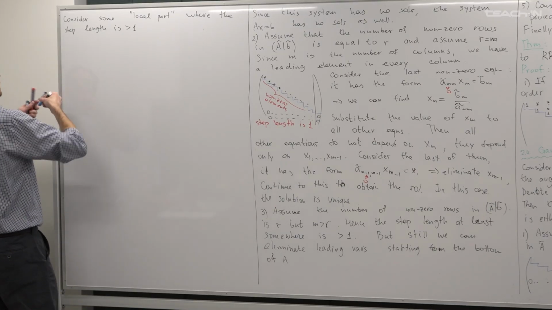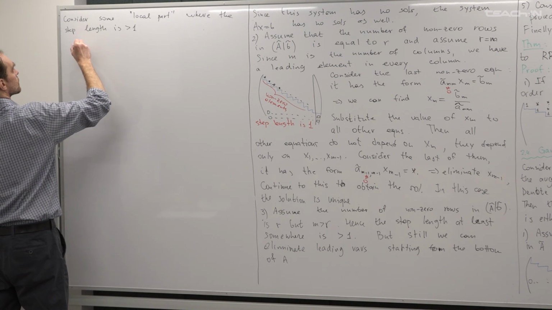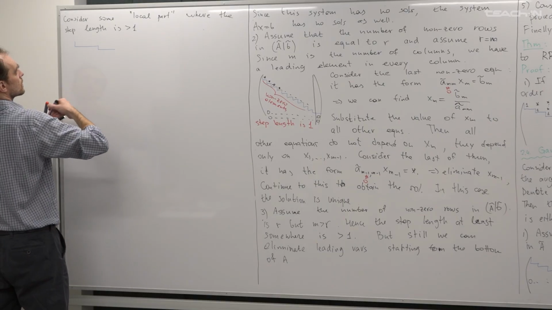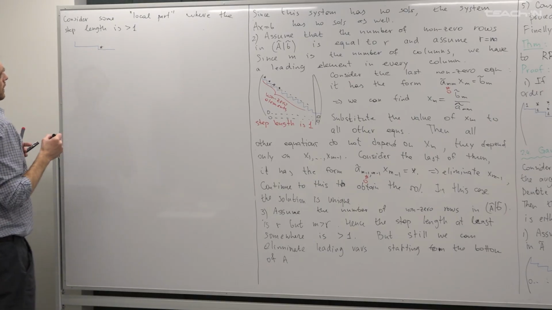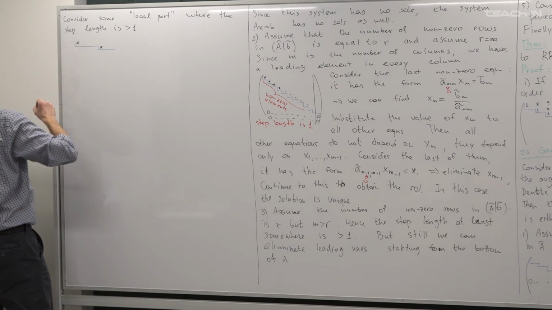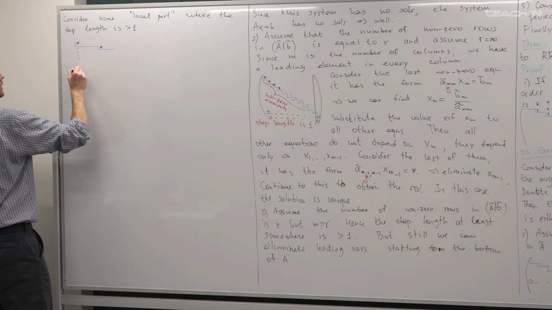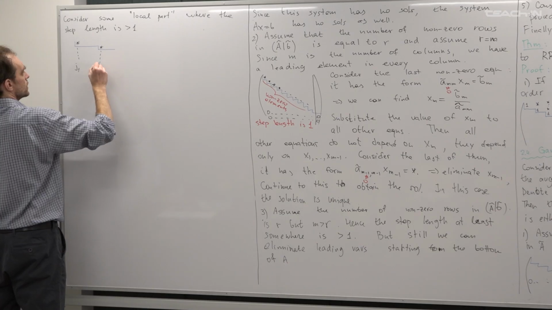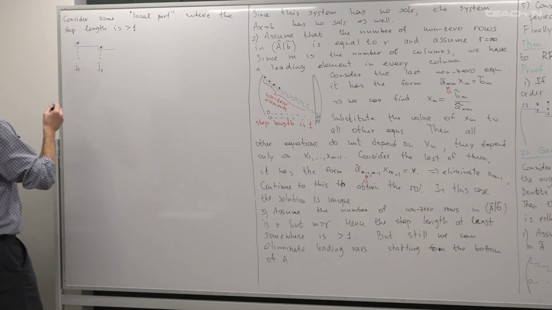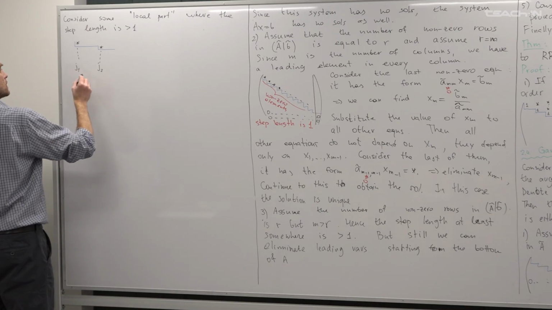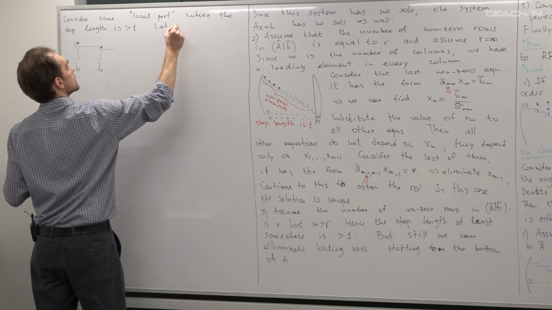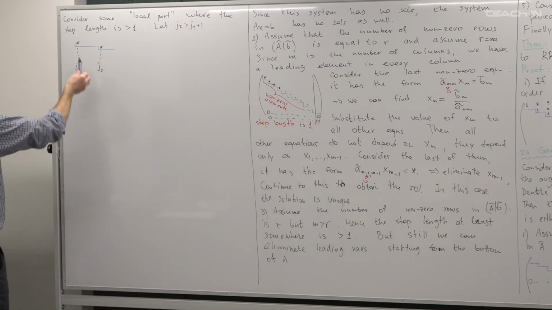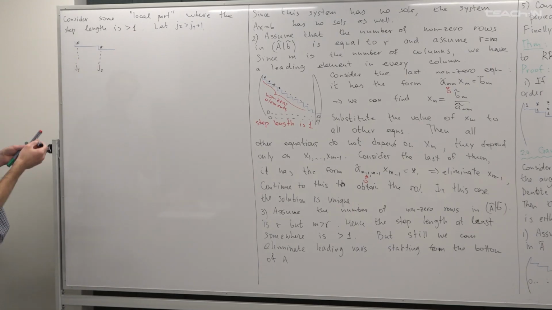That we have something here, we have something here, and I'm going to denote this column by J1 and this column by J2, so let J2 be greater than J1 plus 1. So this corresponds to the case where the step length is greater than 1.